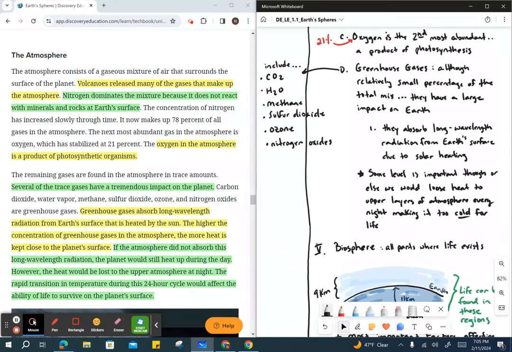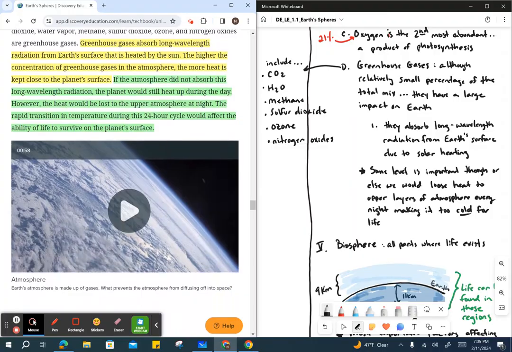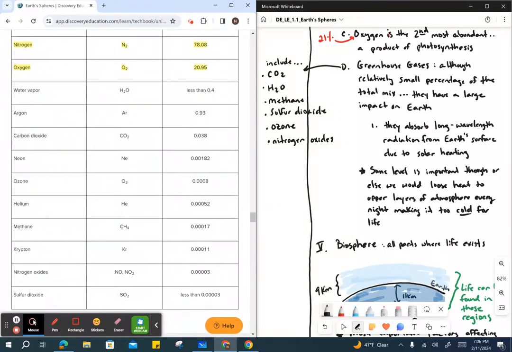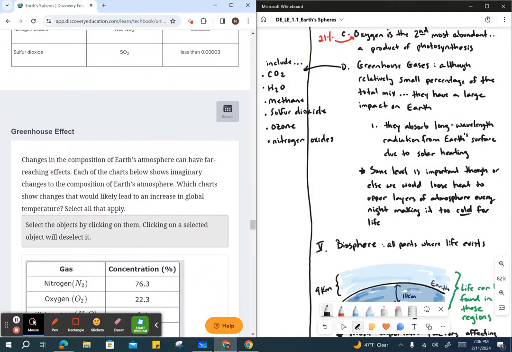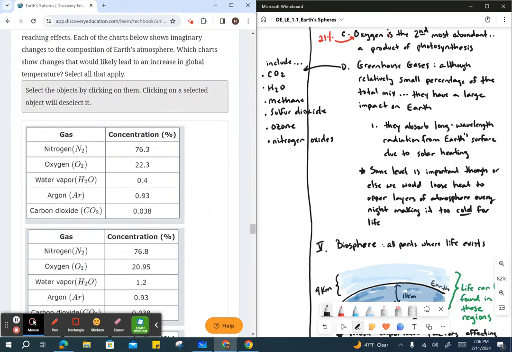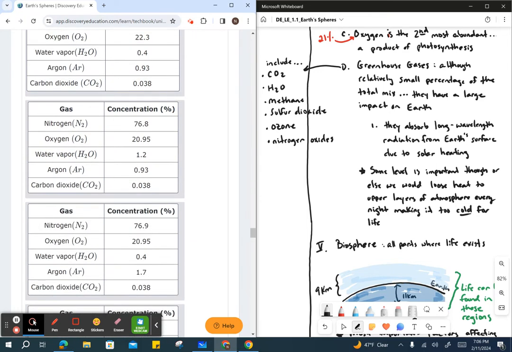If you take a look there, we've got the various greenhouse gases listed: carbon dioxide, water, methane, sulfur dioxide, ozone, nitrogen oxides. Obviously, these are relatively small in concentrations compared to nitrogen and oxygen, but they do play an outsized role in their effect on the planet.